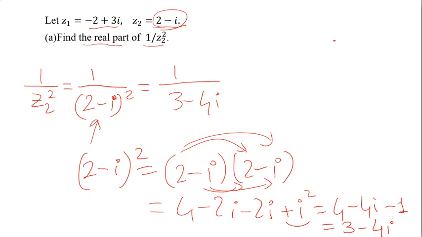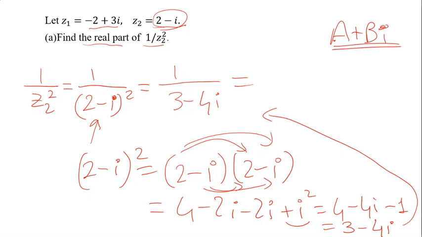So it's coming from here. And now our goal is to write this one in this form again, a + bi. So we want to convert this fraction to that form. How can you write it? The idea is, of course, using the conjugate. The conjugate is 3 plus 4i, and 3 plus 4i.